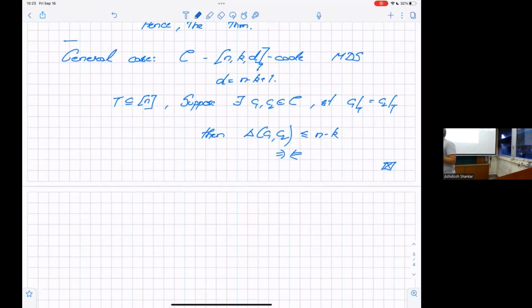Now ask, where should the symbols be coming from? If the alphabet is any smaller than n, this can't be the case. There will be one k by k submatrix which is actually singular.